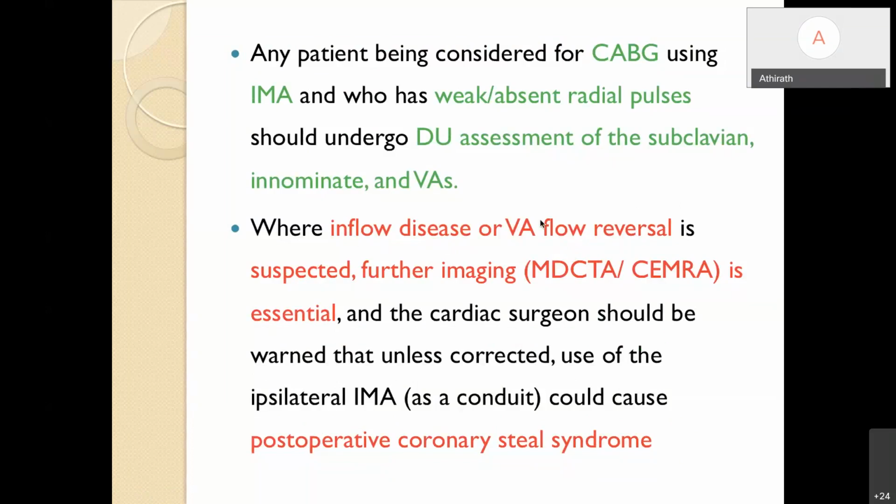That is, whenever there is a plaque or stenosis at the subclavian artery origin, once you perform the CABG surgery, there will be a steal of blood from the coronary circulation into the internal mammary artery graft, which will cause unstable angina on exertion. This is called post-operative coronary steal syndrome. Therefore, whenever you suspect any flow reversal or subclavian stenosis, you need to perform further imaging with either a CT or an MRI, and that is compulsory and essential.